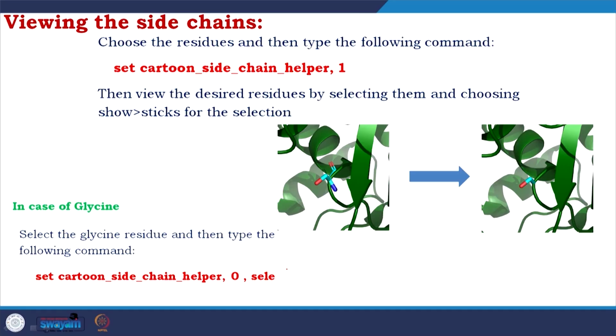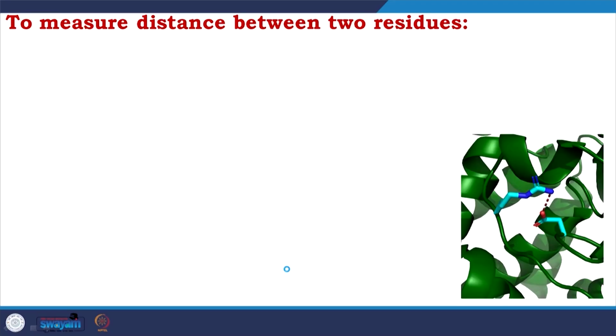So, coming back to where we started, we talked about side chains. Now, we will take two amino acids and their side chains, and then it will be utilized to measure the distance between those two residues.